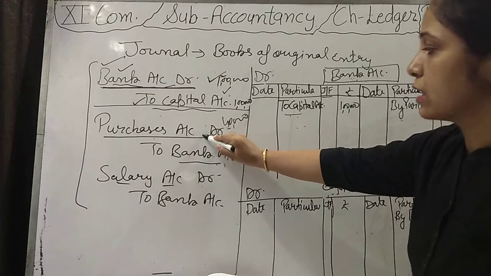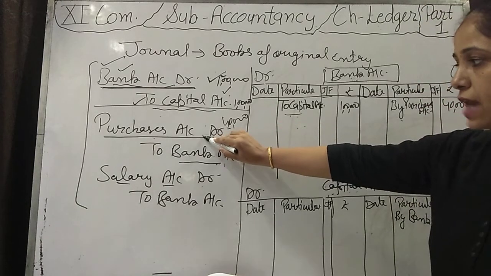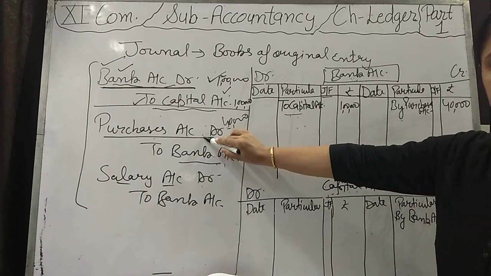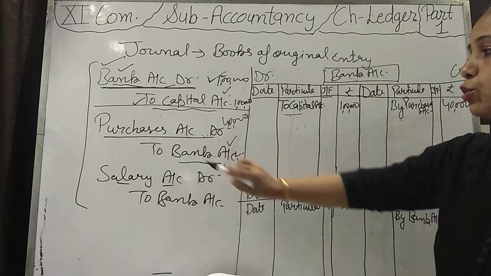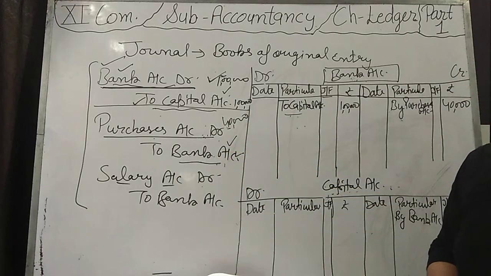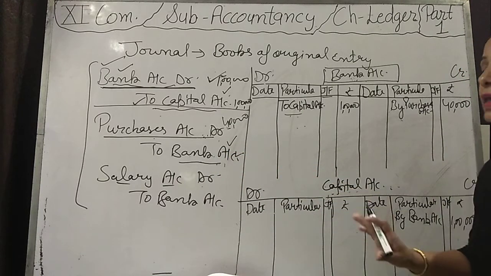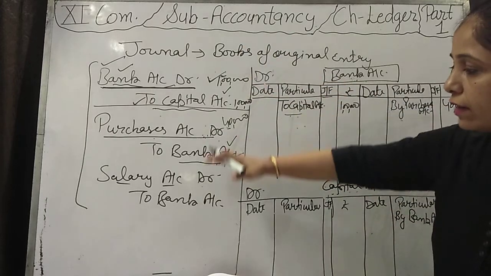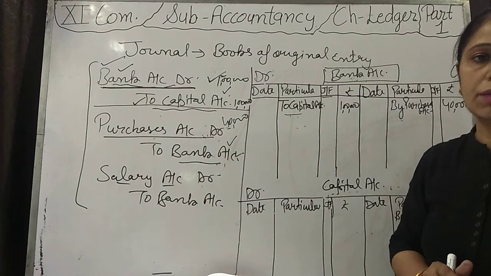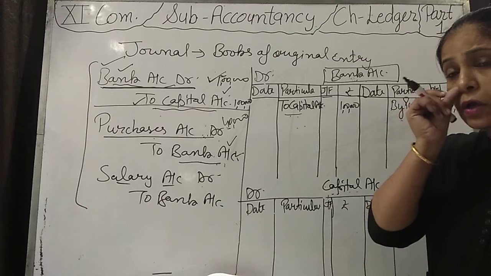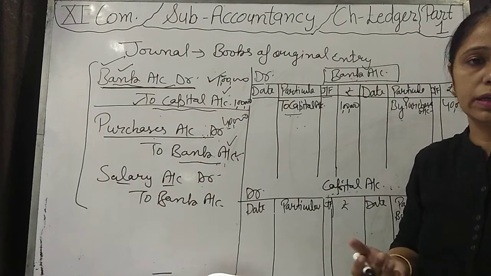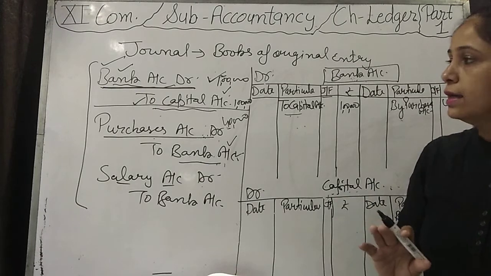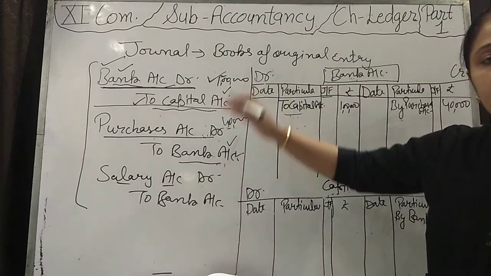Purchase account is debit in the second journal entry. So on the debit side of purchase account we will write to bank account. The same rule is there for every account in posting. There is no rule regarding real account, personal account, nominal account. There is no separate rule. The same rule is there for every account.